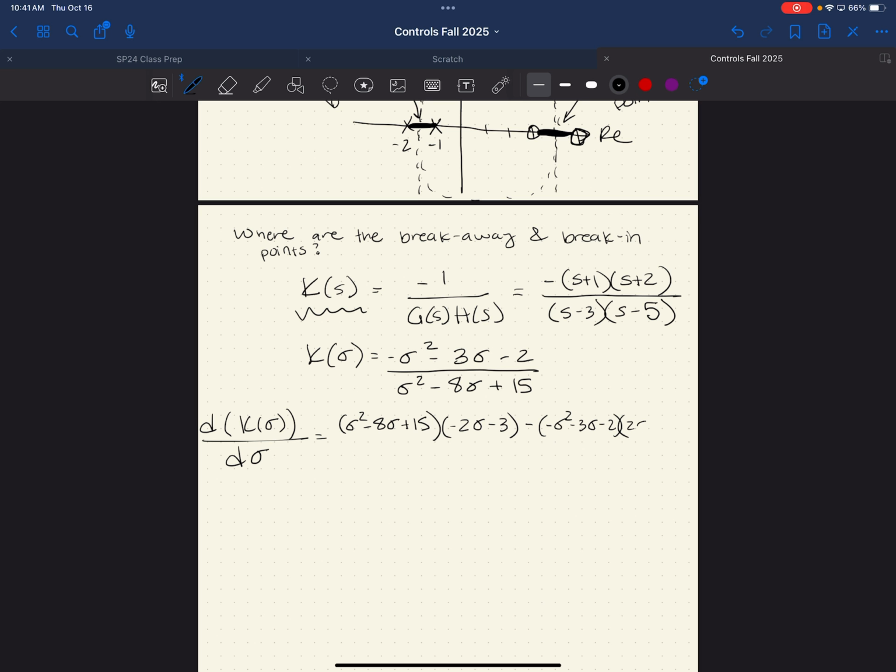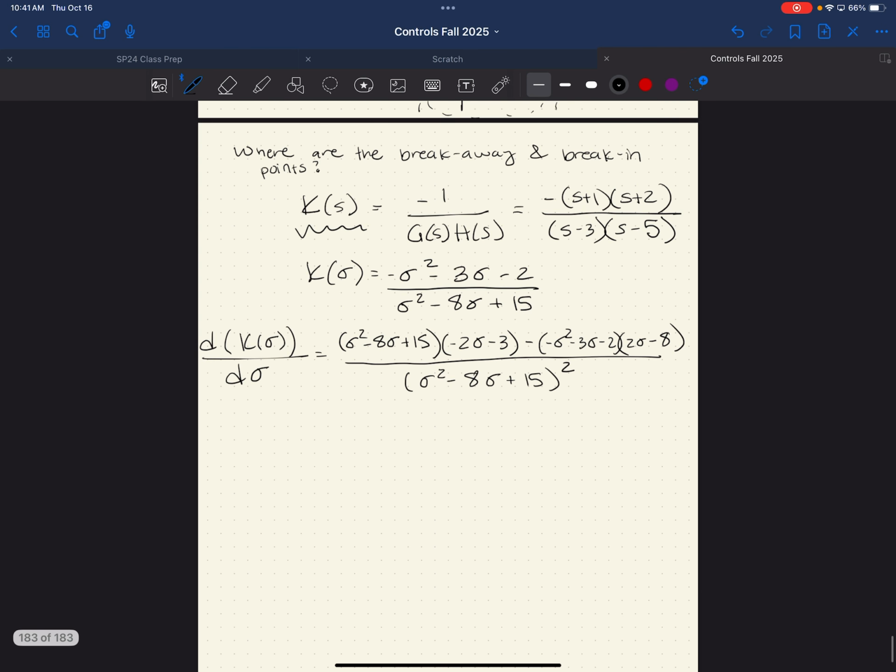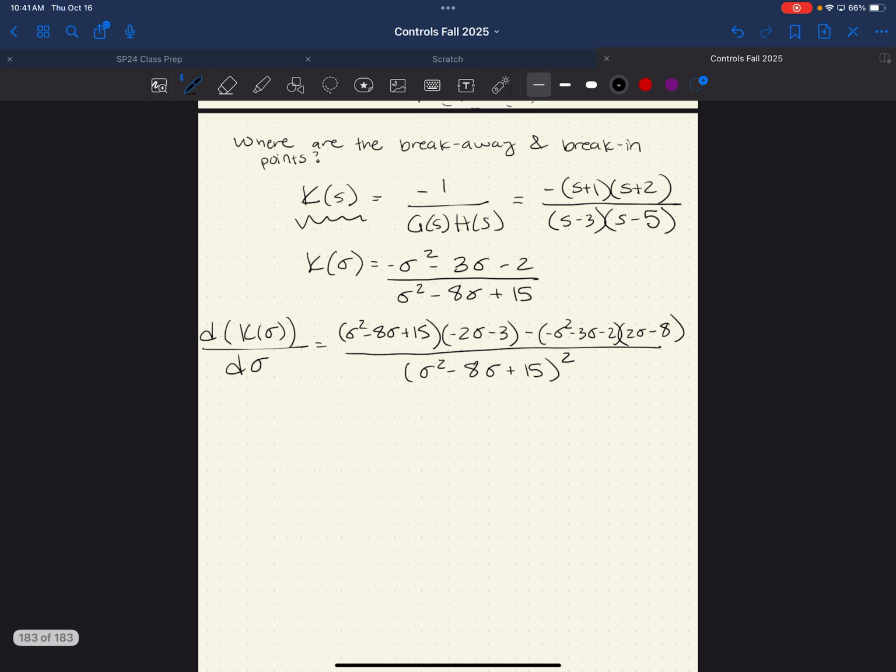D low, all over low low. Ugh. I need to figure out where this is equal to 0. So we're going to have to FOIL like fiends.